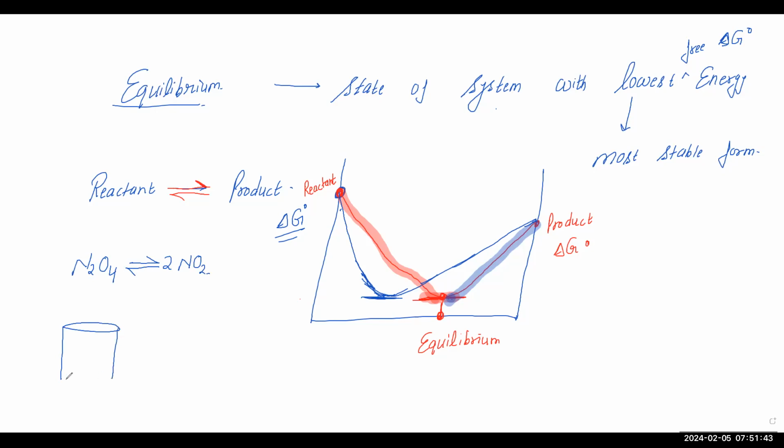In this container, there is only N2O4. Nothing else. So this is the initial point. Initial means when the time is 0. So I started only with N2O4.